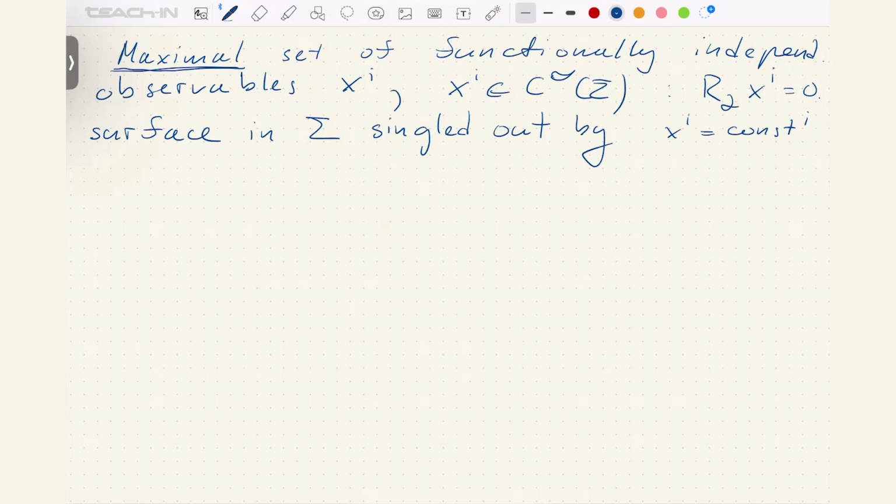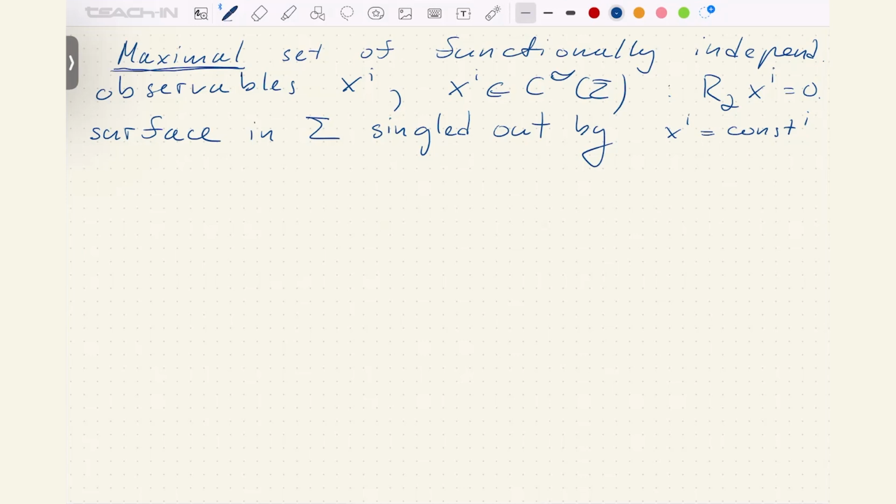Because it is maximal, any other observable can be expressed in terms of xi, and it also keeps its value along the gauge orbit. So this means that the surface must be a gauge orbit, at least locally. And then it is convenient to ask: what happens to our orbit under the real evolution generated by the Hamiltonian?